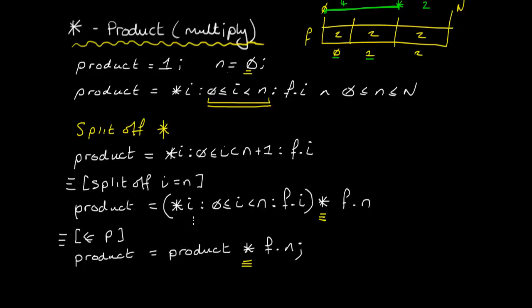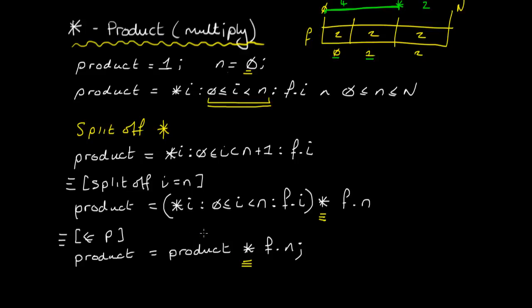So the first time round the loop, if product is set to 1, what we'll effectively get is 1 multiplied by f.n. And 1 multiplied by f.n is f.n. So product will be equal to the first element in the array the first time round the loop, and then we'll multiply on the next bit and the next bit and the next bit incrementally each time around the loop.